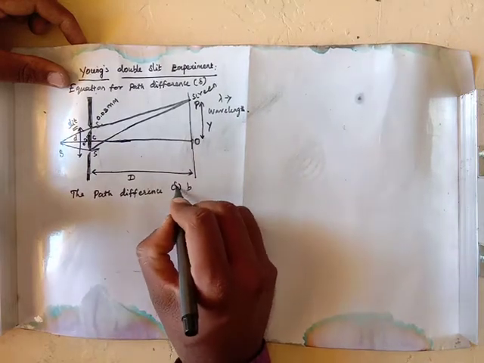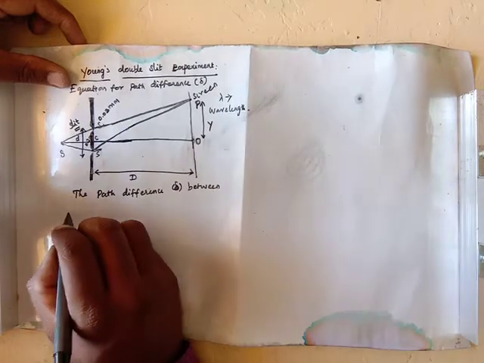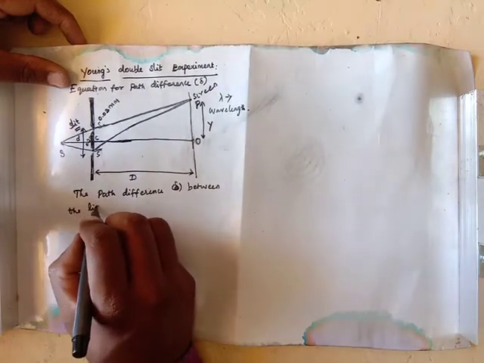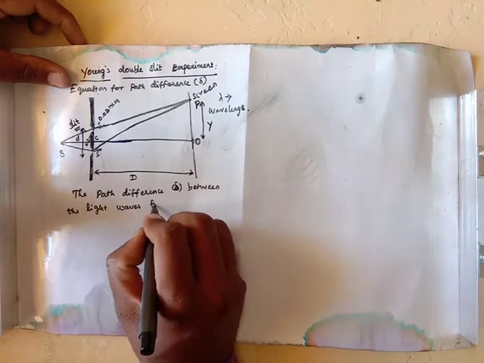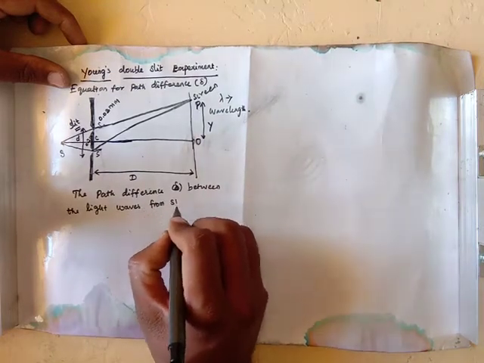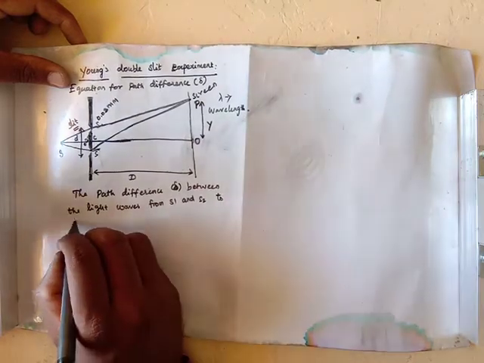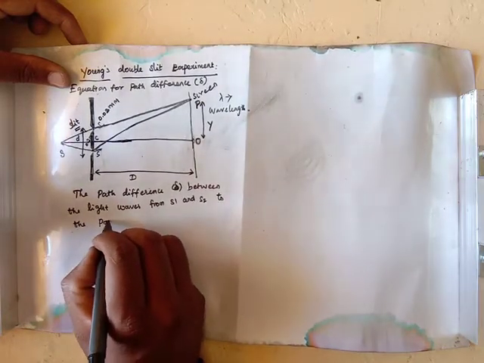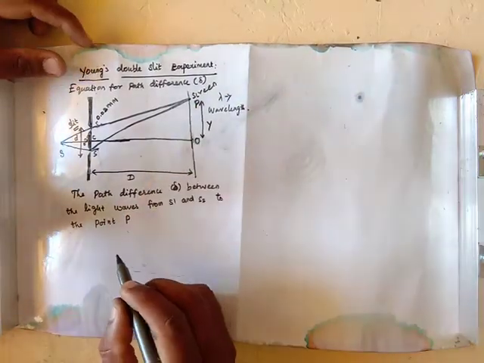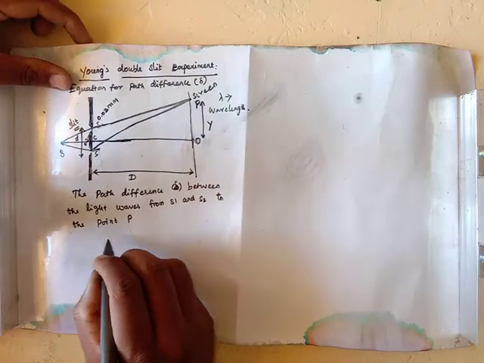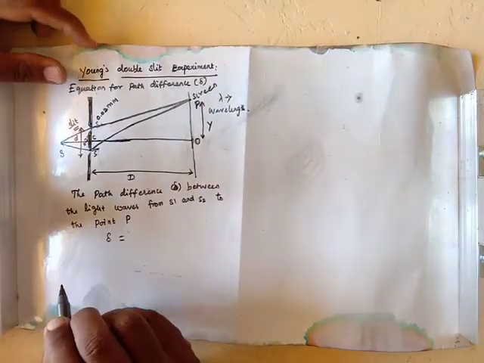we note the path difference delta between the light waves from S1 and S2 to the point P, which is calculated by using a formula.